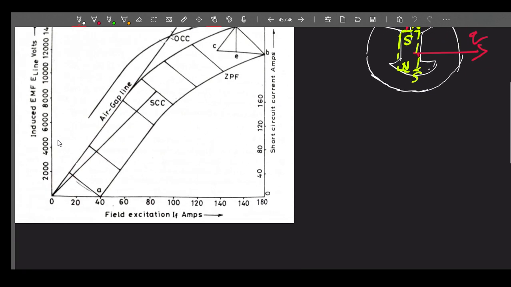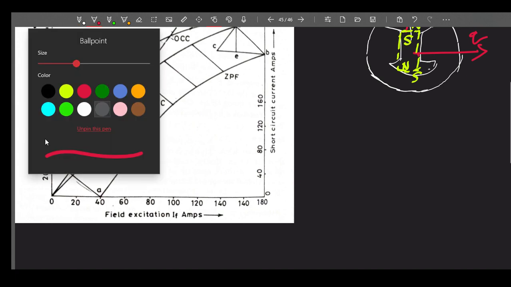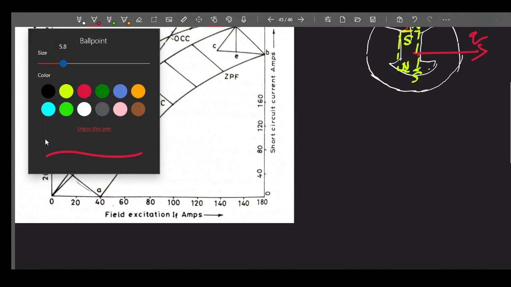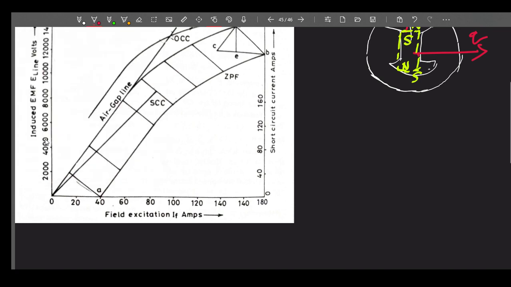So it is 10681 volt. Ten six eight one volt.